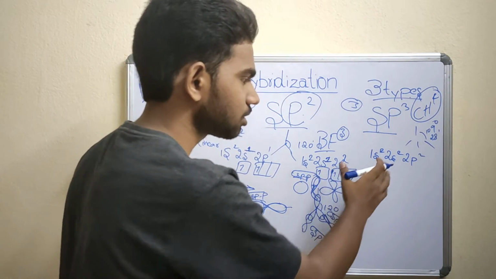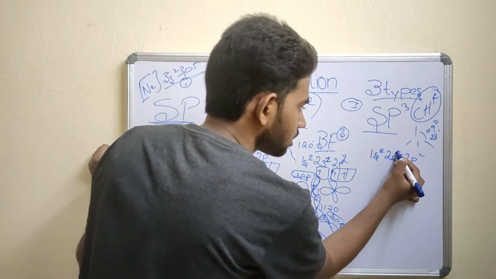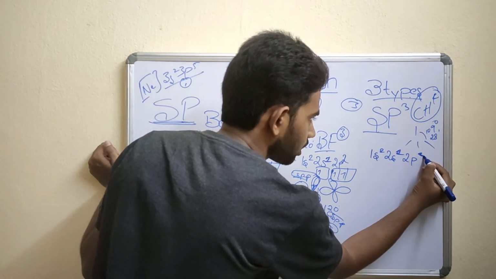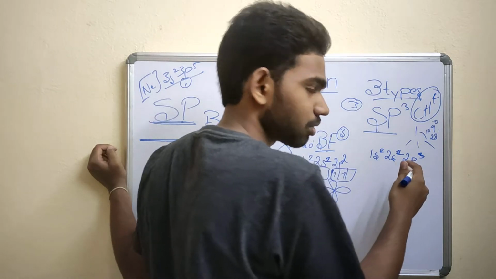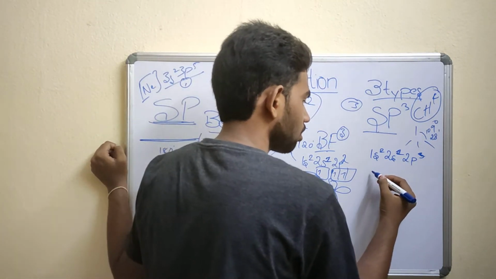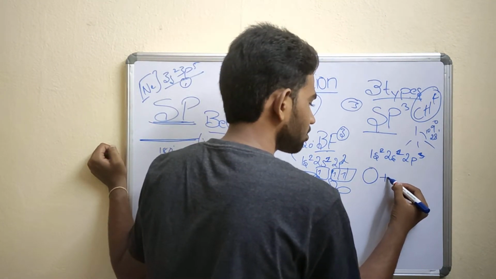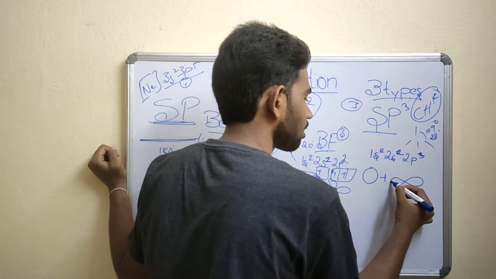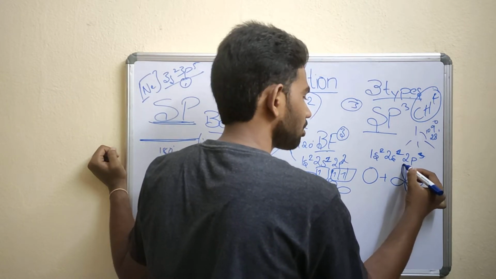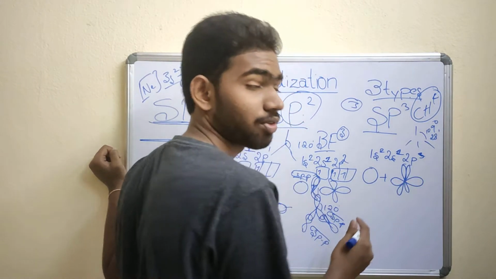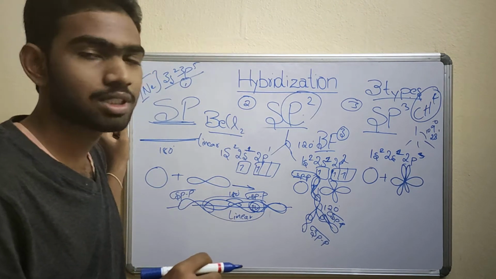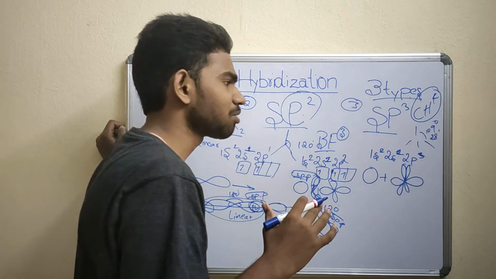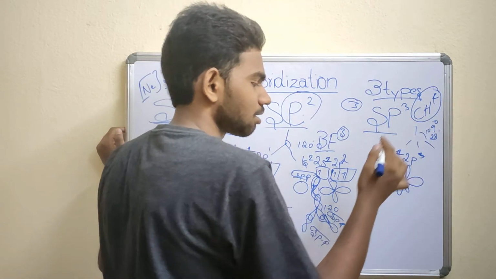So the 2s2 gets excited and changes to 2s1 2p3. Then we observe sp3 hybridization: one s orbital and three p orbitals intermix and form four new sp3 hybridized orbitals with bond angle 109 degrees 28 minutes and tetrahedral shape.